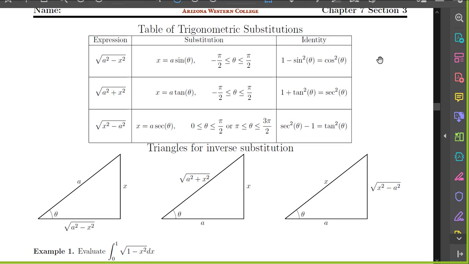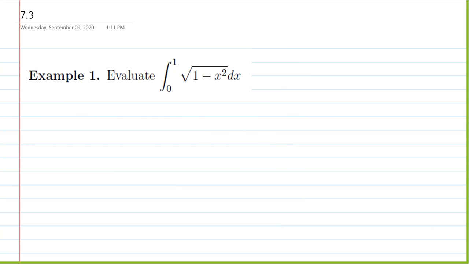Anything of that form, our suggested substitution is x equals a sine theta. And the identity that we're going to need to use is one of the Pythagorean, 1 minus sine squared theta equals cosine squared theta. So in this case, we identify that our a is 1 because we have 1 squared minus x squared. Our suggested substitution is we're going to let x equal sine theta.